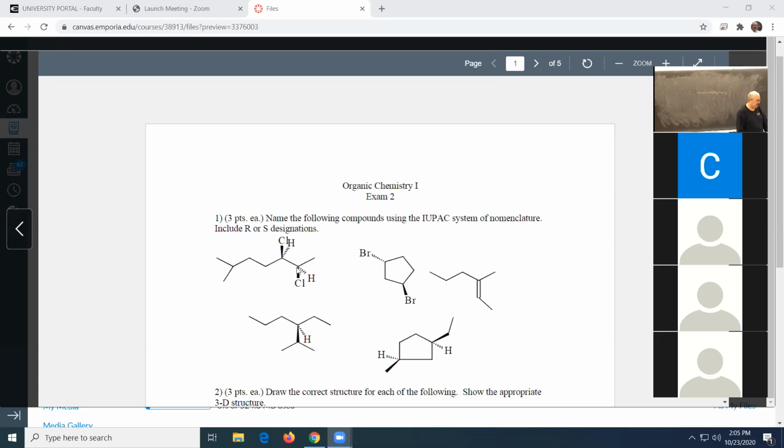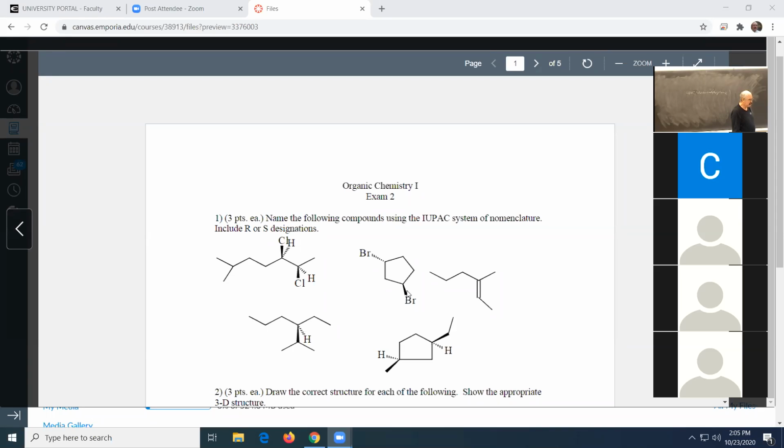We have carbon and carbon, but the carbon with the chlorine would be 2, and the CH2 would be 3, and hydrogen is back. So that one is also R. So this is 2R, 3R, 2,3-dichloro-6-methyl heptane. Carbon number 6 is not a chiral center. We have two groups that are the same, methyl groups.